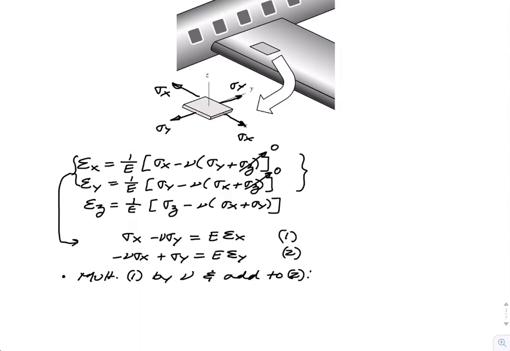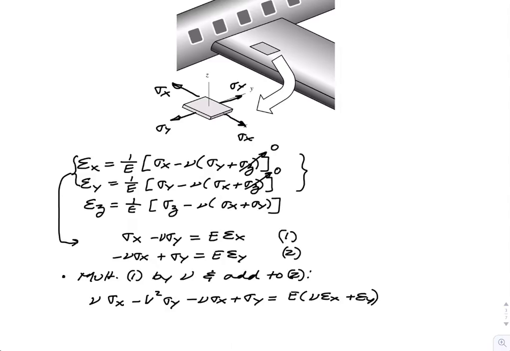So I'll write it out in detail here: nu times sigma x minus nu squared sigma y, minus nu sigma x plus sigma y is equal to E times, oops, that's not correct, I'm trying to work too fast here, E times the quantity nu epsilon x plus epsilon y.